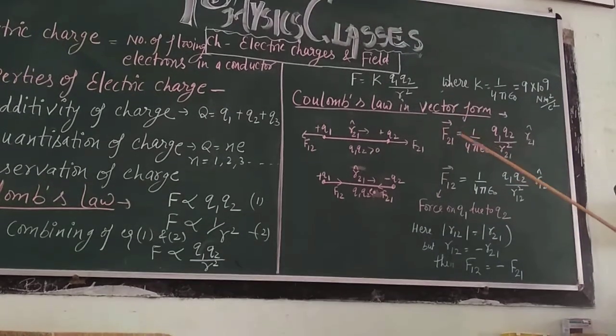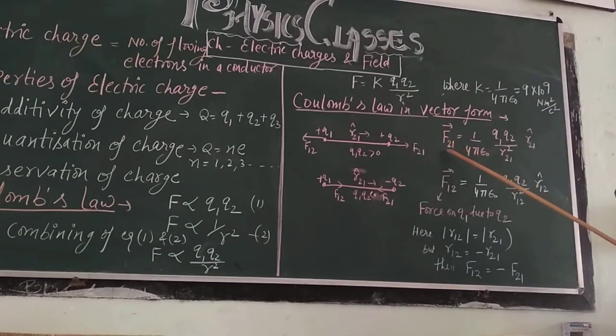Now from the formula we can write F21, that is the force on q2 due to q1, equal to 1 upon 4 pi epsilon naught q1 q2 upon r21 squared, where r21 is the distance from q1 to q2. Then r21 cap is a unit vector whose value is 1, but it shows the direction. That direction is from 2 to 1.